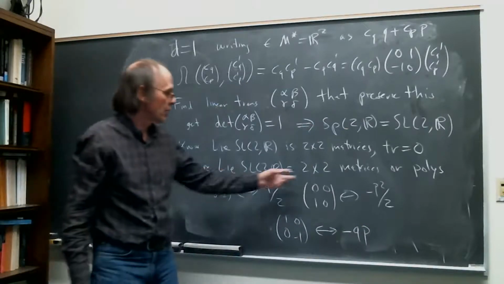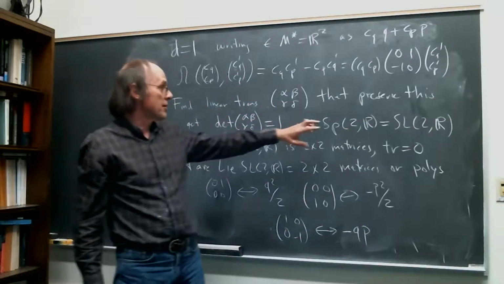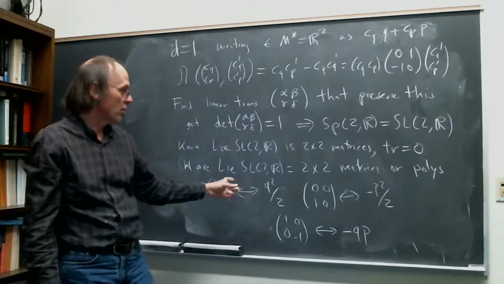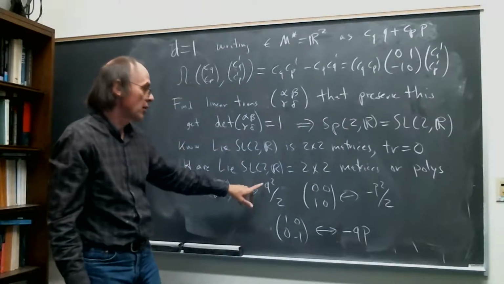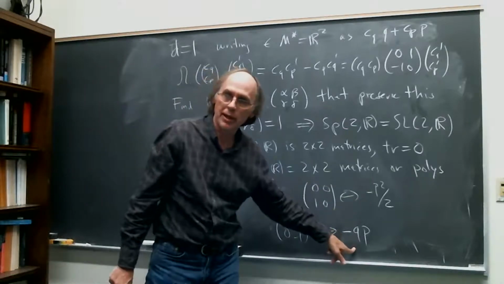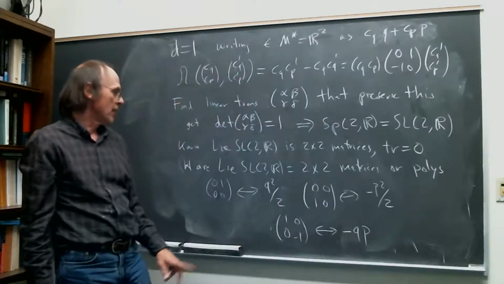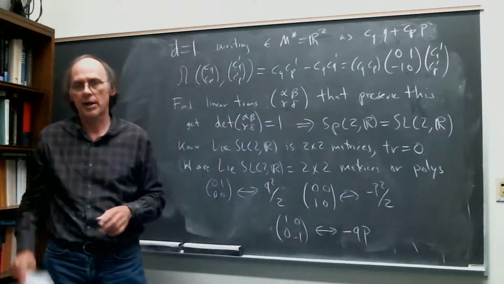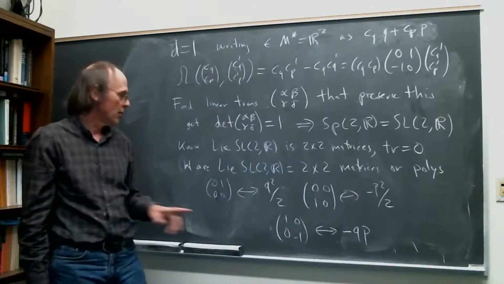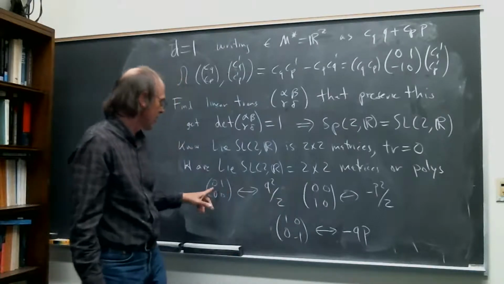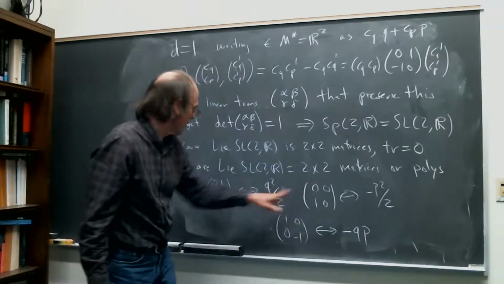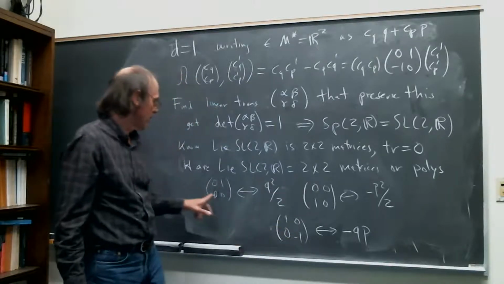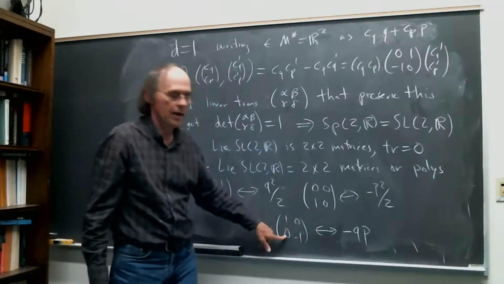The homogeneous quadratic polynomials are all linear combinations of q squared, p squared, and qp. They've got this Lie bracket relation between them that makes them a Lie algebra. You can identify that with the Lie algebra of 2 by 2 real matrices that have trace 0, and there you have these as a basis.